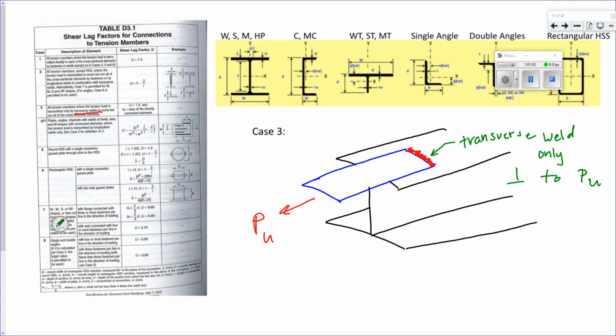And it says your AN is your area of directly connected elements. So if this is W and it has a thickness T, then your AN is equal to your W times your T, because that's the only thing that's actually connected.